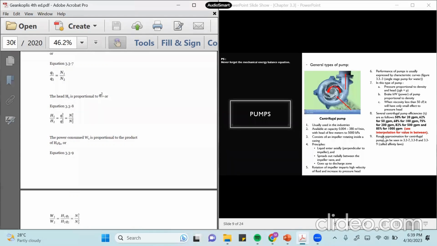Let's say if I know the condition in the first state, and I want to know the condition in the second state, then we can use this rough approximation. And vice versa, if we know the condition in the second state, we want to know the condition in the first state, then we can also use this.